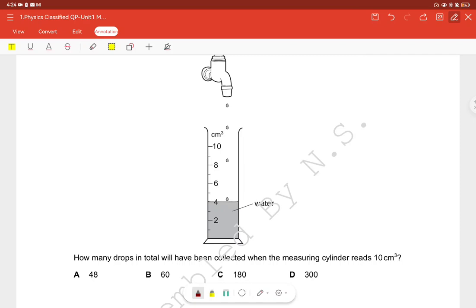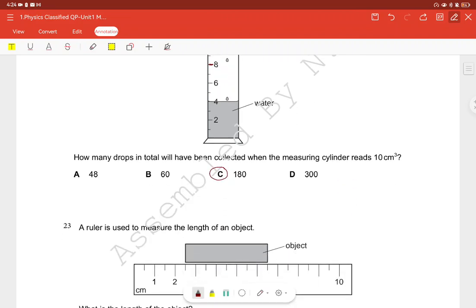So if we add another 120, this becomes 8. In order to make it 10, we need to add another 60. So the total is 180 plus 180, that is 300.